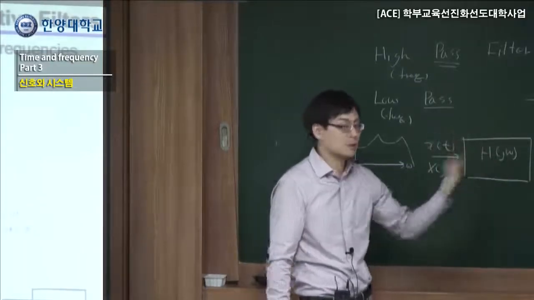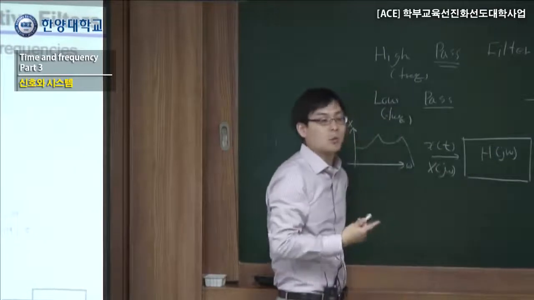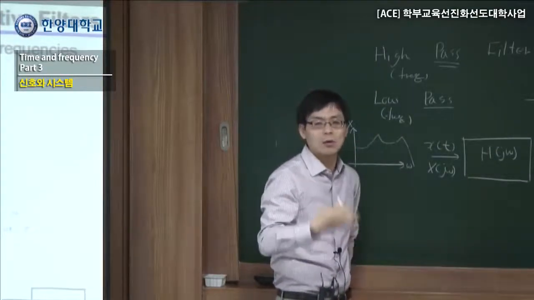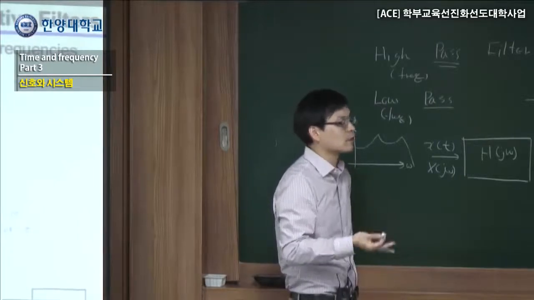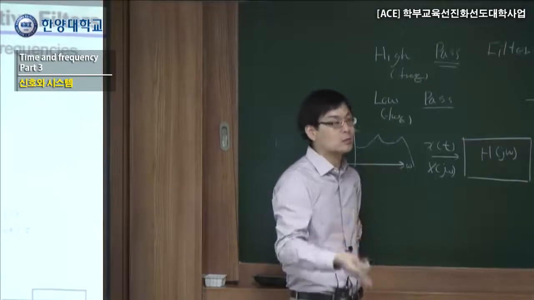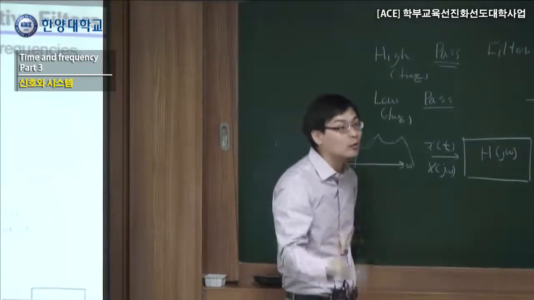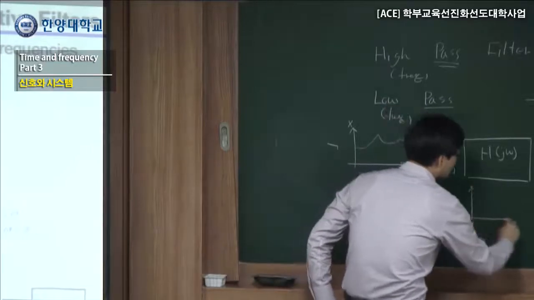Let's do some tricks. We have talked about system response for a long time. We have said h(t), H(jω), system response, many times. Why are we doing it? Because this is one of the ways we are utilizing it.